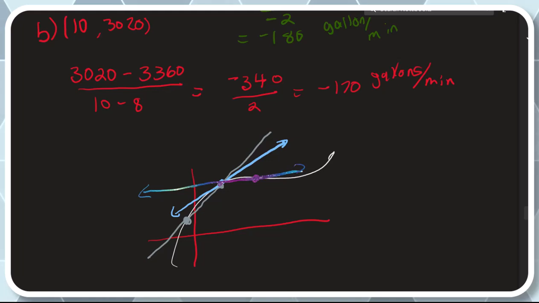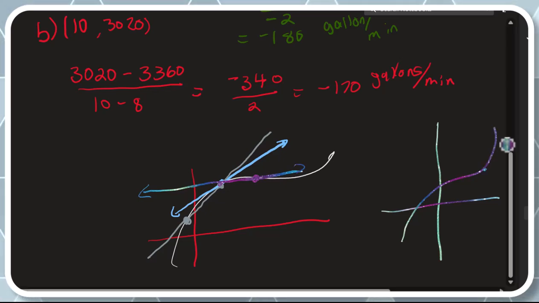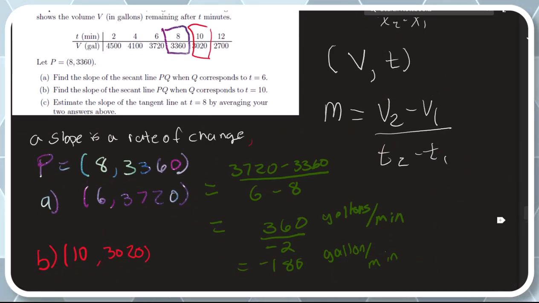That is one way to do it. Another way to do it, and we'll see in the next problem, is, say you've got your curve and you're wanting to find the slope of the tangent line.